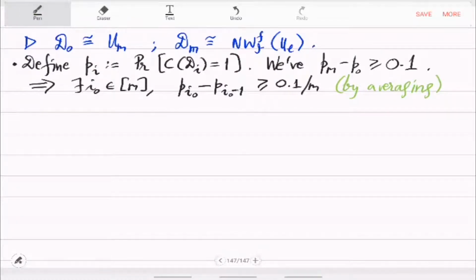Because if for all I0s these differences are small, then the difference between Pm and P0 will also be smaller than 0.1. That cannot happen. So somewhere it has to be larger than this average 0.1 by m. So that now gives me the location I0. This is the bit where there seems to be a large probability difference, so this is the bit that's predictable.